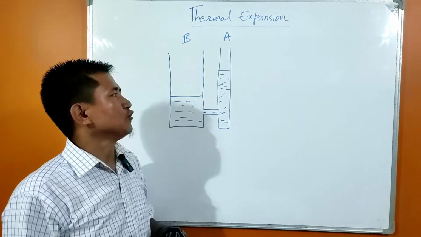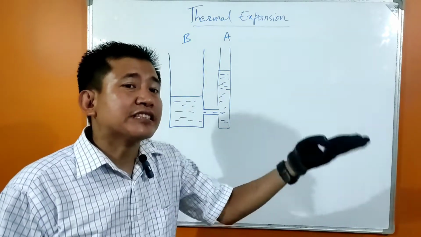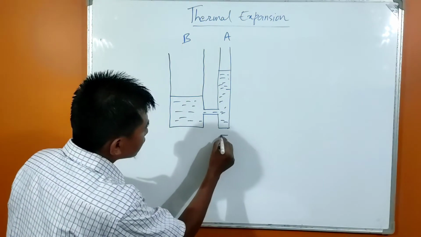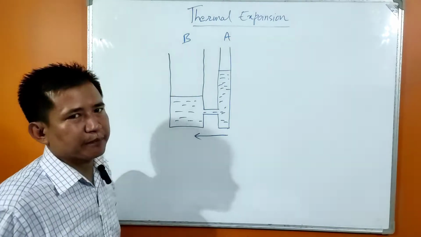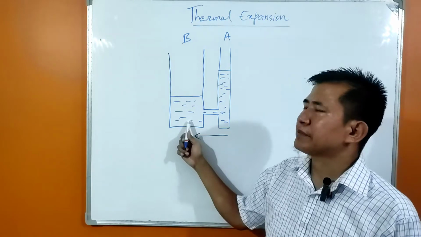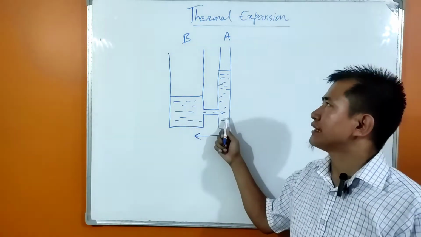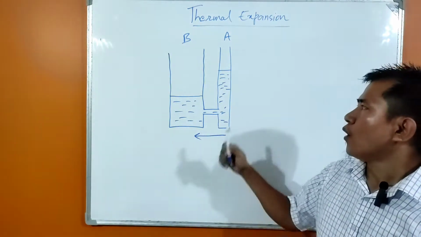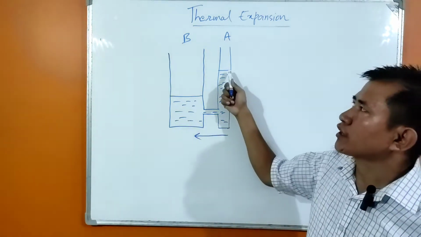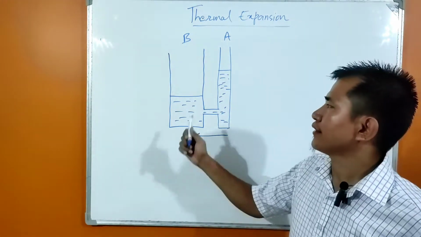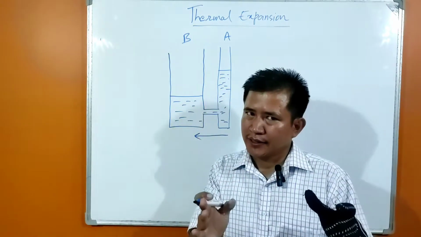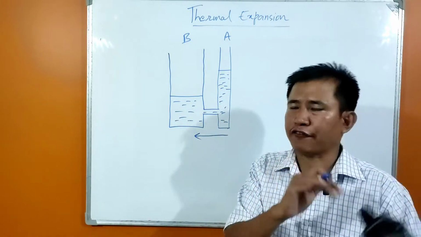So the water will flow from cylinder A to cylinder B. Please understand, though the quantity of water in cylinder B is much more than in cylinder A, even then water will flow from cylinder A to cylinder B because the level of water in cylinder A is higher than the level in cylinder B. The similar concept will be applied in the process of flow of heat also.